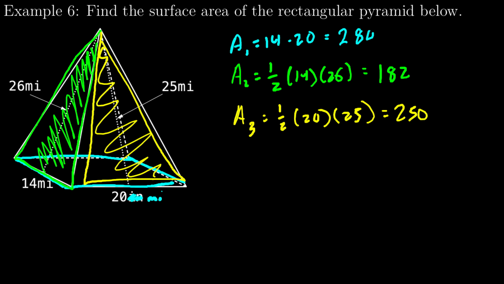And now I just need to do my surface area will equal the single rectangle, so just 280, plus 2 of these triangles for the left and right face, so 2 times 182, plus 2 of these faces for the front and back triangle.